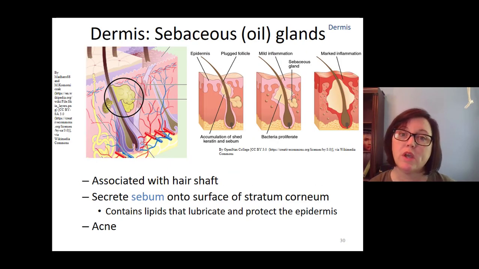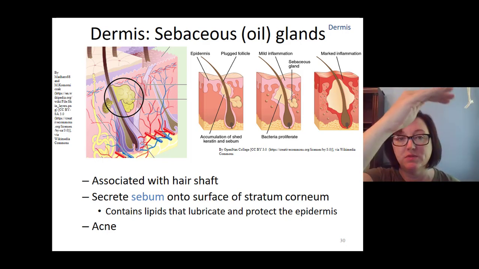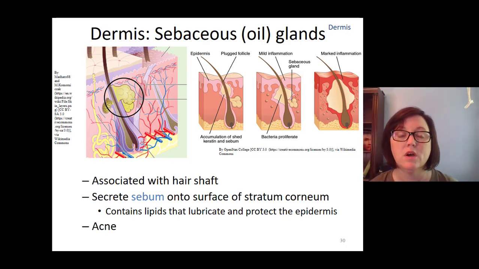Let's first take a closer look at the sebaceous glands, these oil-producing glands. Right? The sebaceous glands are closely associated with the hair shaft. So they use the surface of the hair shaft as a duct to release their substance onto the surface of the stratum corneum of the epidermis.